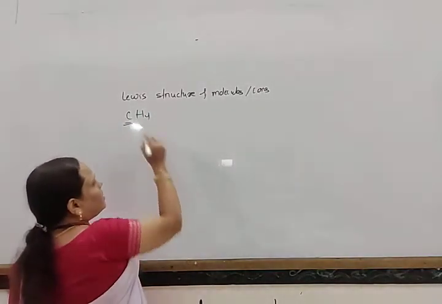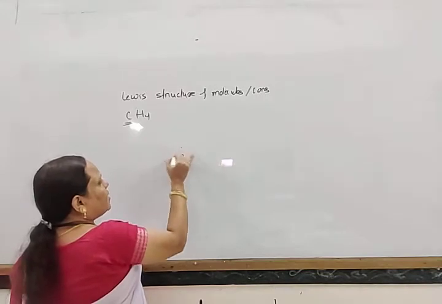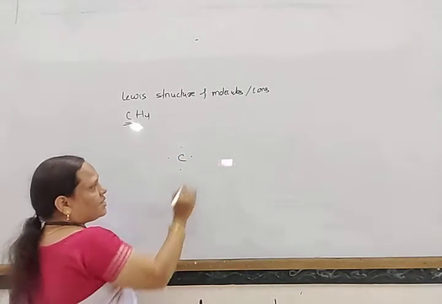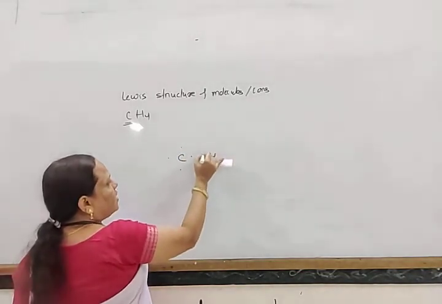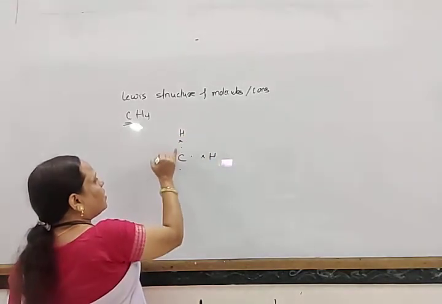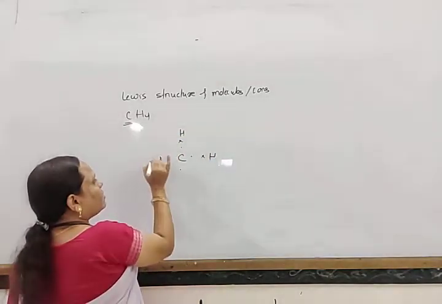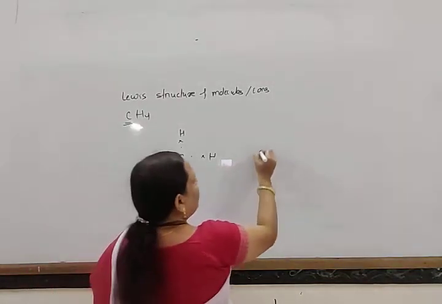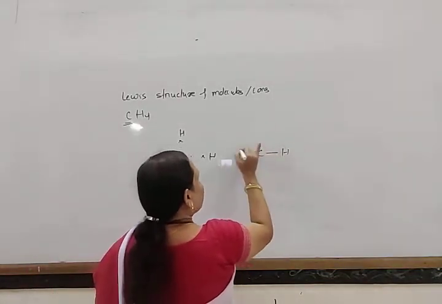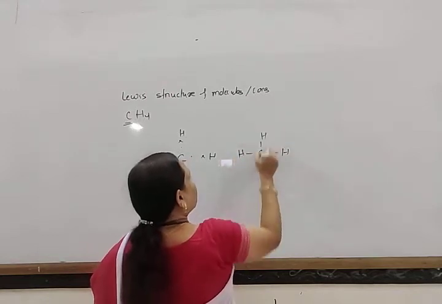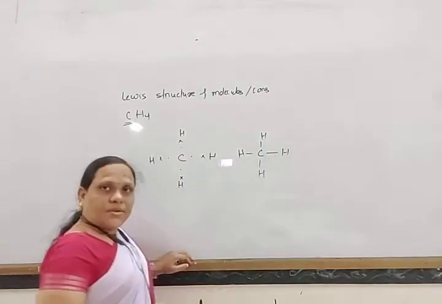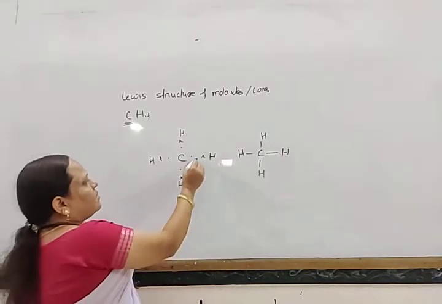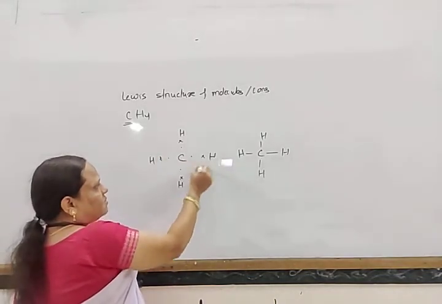So for the valence electrons we can write carbon and hydrogen, either by giving dot or cross. So this is the Lewis structure of methane. We can write the bond line structure like this. In this way carbon satisfies its octet.